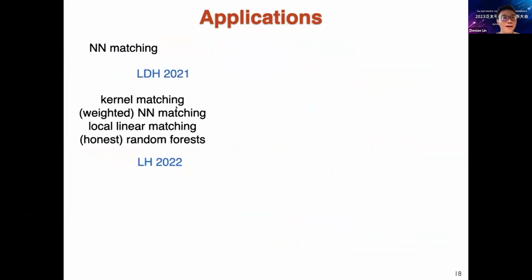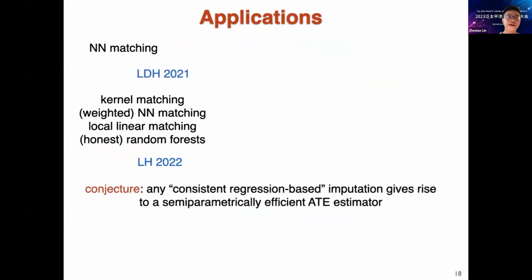Okay, so we first consider nearest neighbor matching in our previous paper, and then we consider a general framework which incorporates kernel matching, nearest neighbor matching, local linear matching, as well as the random forest. And we make a conjecture that any consistent regression-based imputation will give rise to a semi-parametrically efficient average treatment effect estimator.